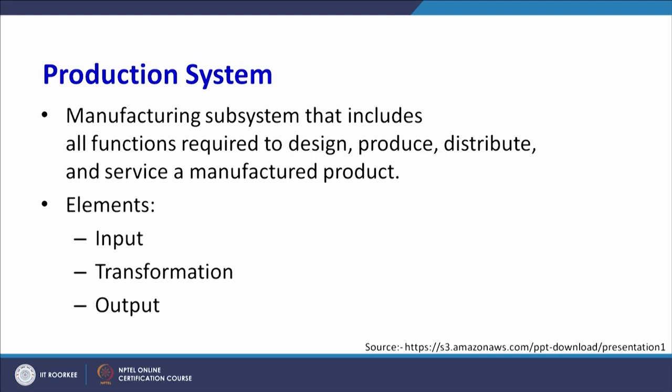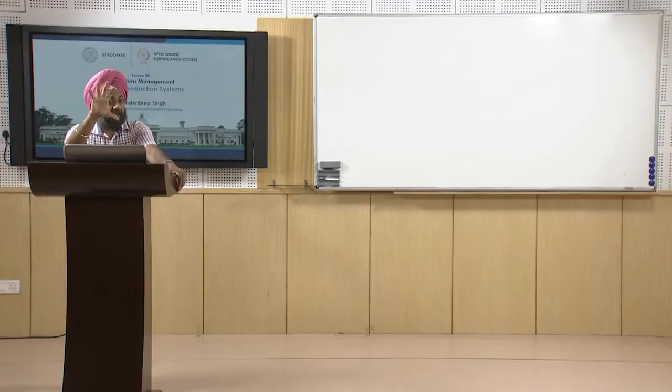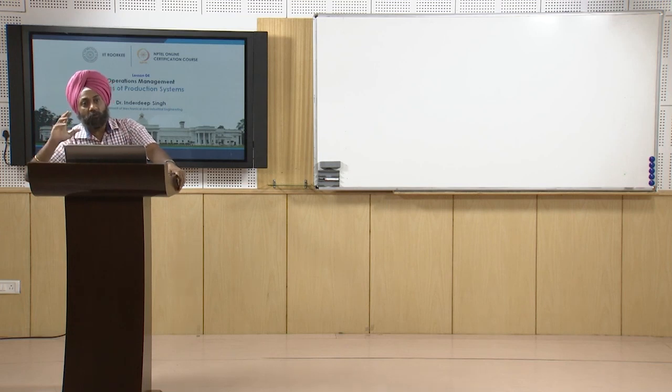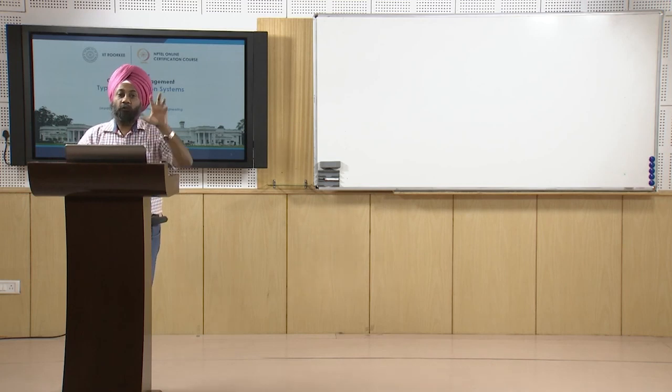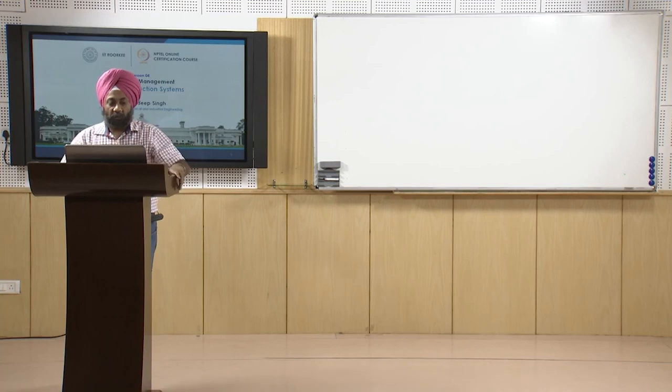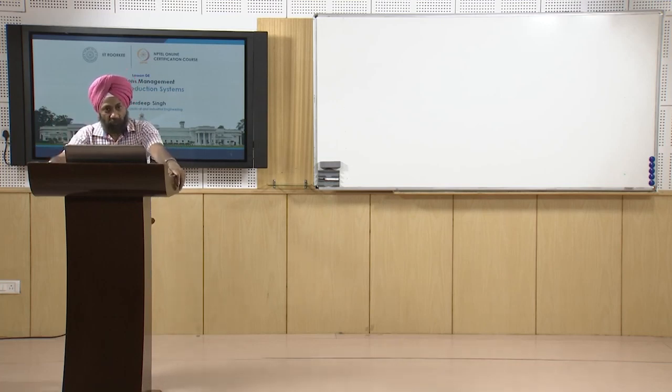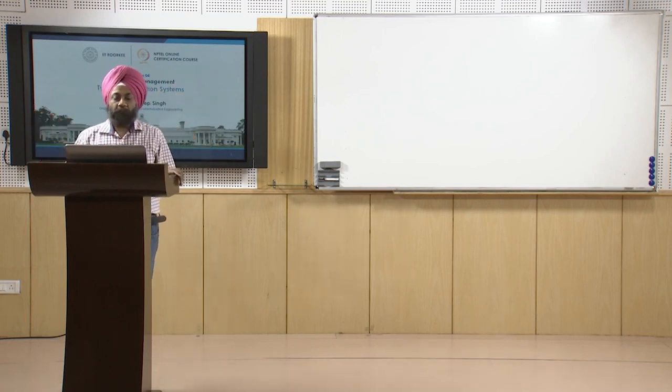The manufacturing subsystem includes all functions required to design, produce, distribute and service a manufactured product. So starting from the design of the product, to the production of the product, to the distribution of the product, and finally, if there is some problem, the service of the product, all come under the overall production system.